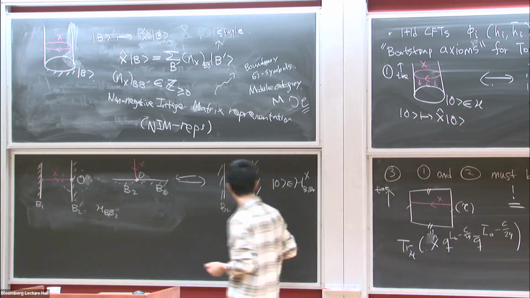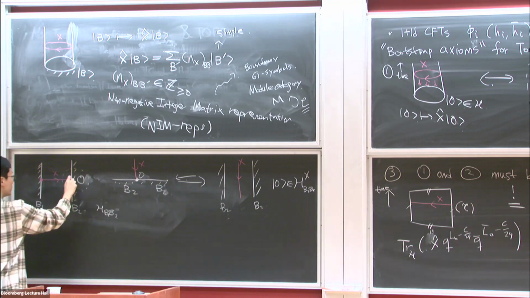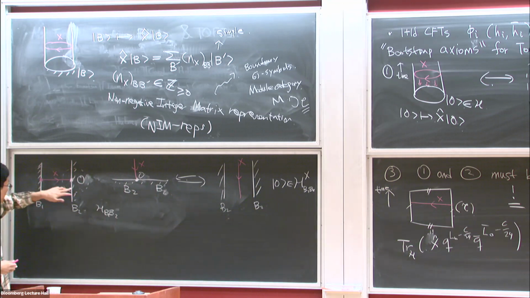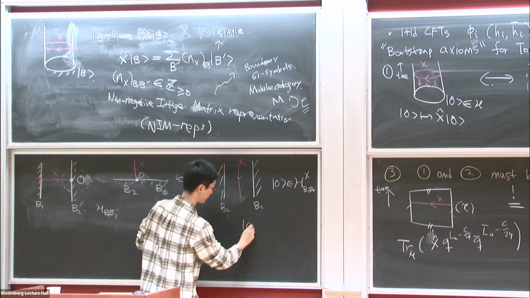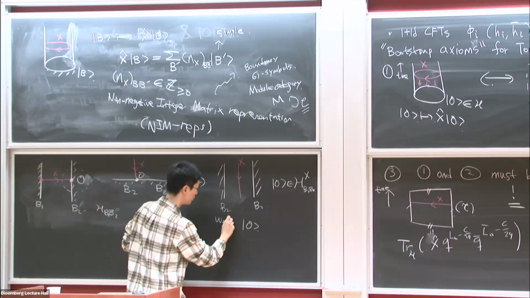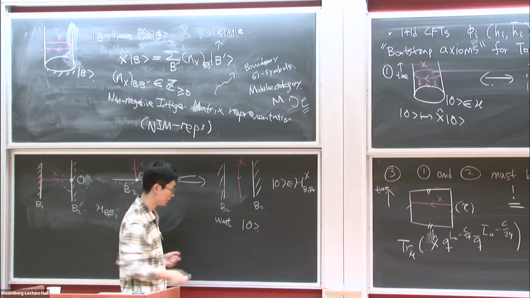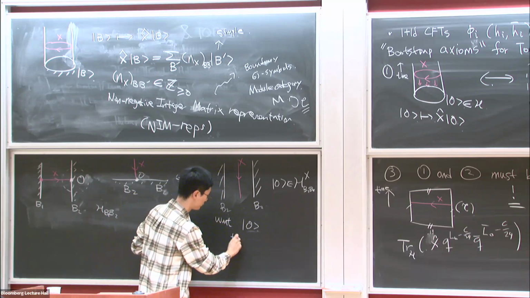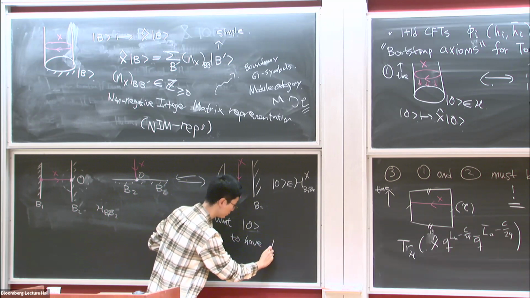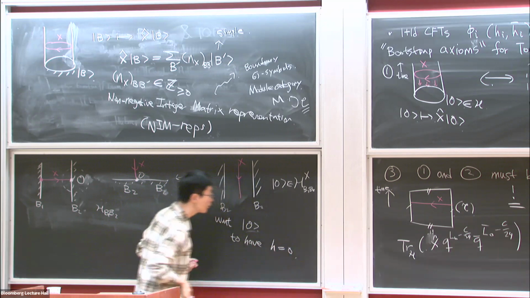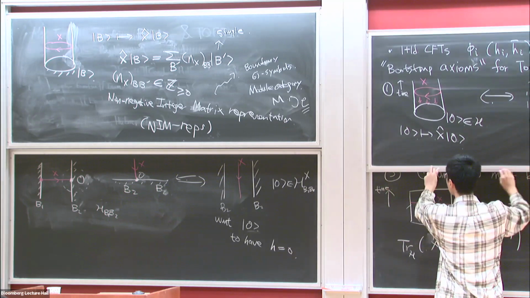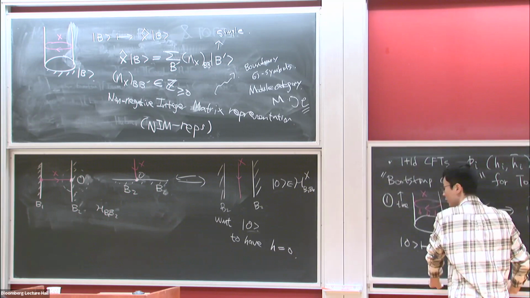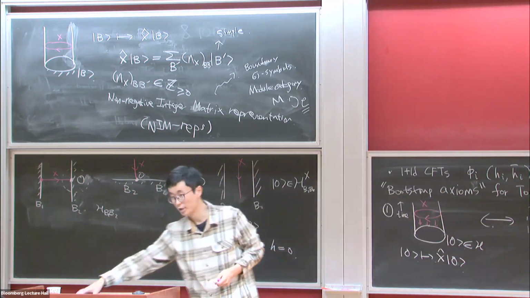Okay, so to say that we want this junction operator to be topological means that we want this state to have zero conformal weight. Let me state this without a proof, but you can prove this.